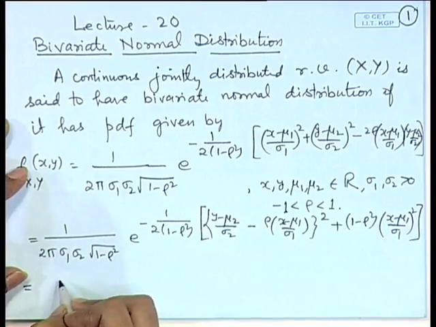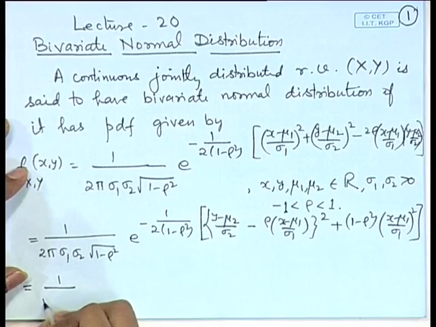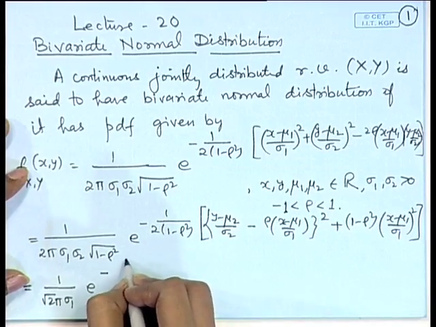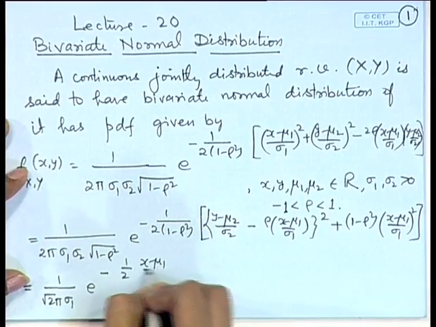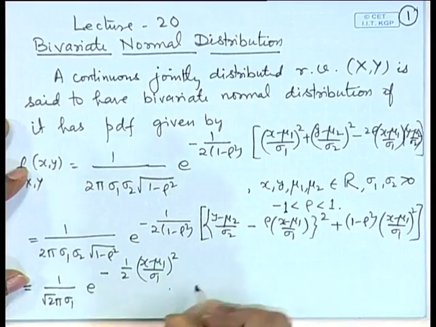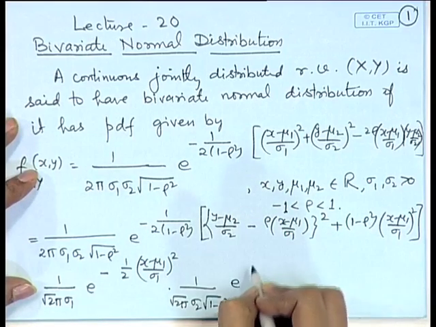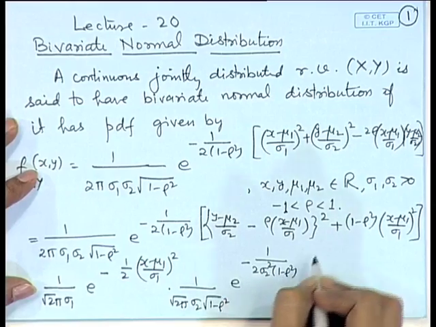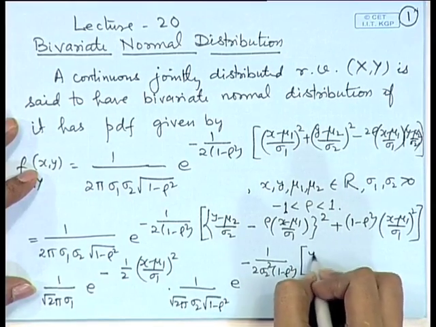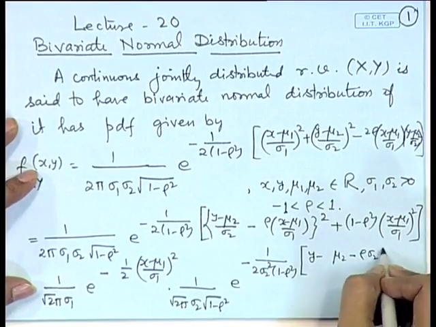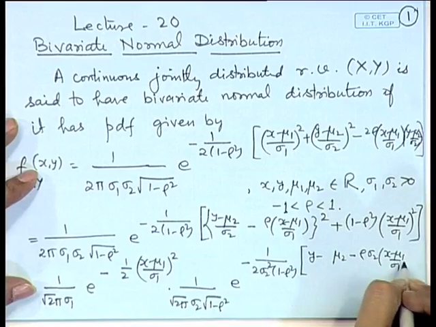which we can write as 1 by root 2 pi sigma 1, e to the power minus 1 by 2 [(x minus mu 1) by sigma 1] square, and 1 by root 2 pi sigma 2 root 1 minus rho square, e to the power minus 1 by 2 sigma 2 square (1 minus rho square), [y minus mu 2 minus rho sigma 2 (x minus mu 1) by sigma 1] whole square.